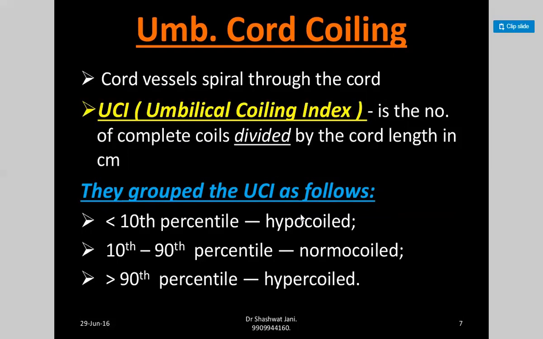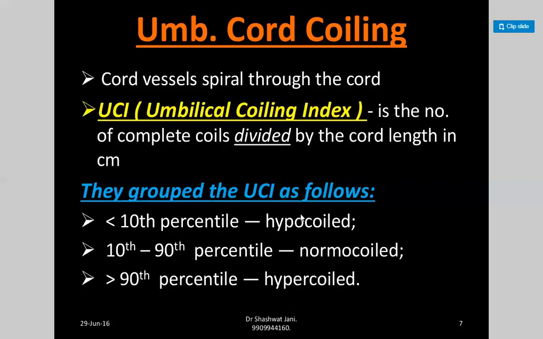UCI is grouped as hypocoil, normocoil and hypercoil. From the word we can understand: normocoil is the normal number of coils for the normal length, if there are fewer coils it is called hypocoil, and if there are more, it is called hypercoil.